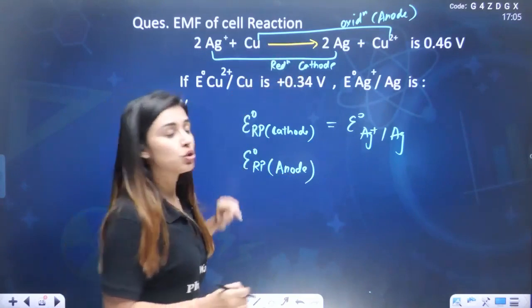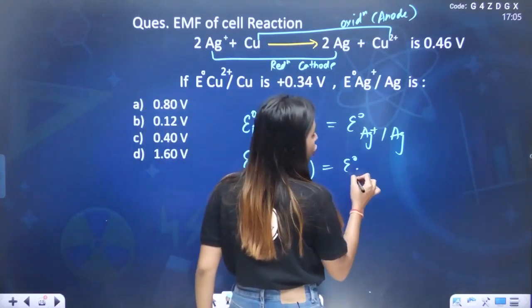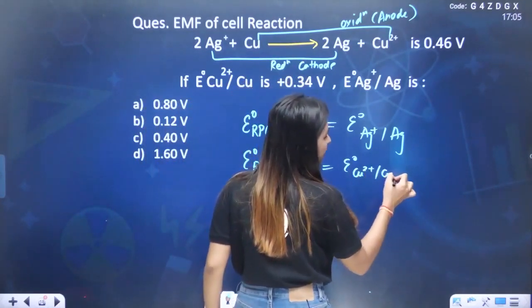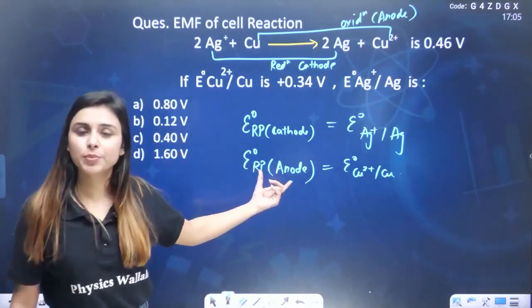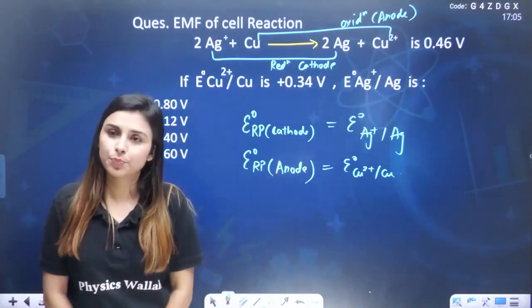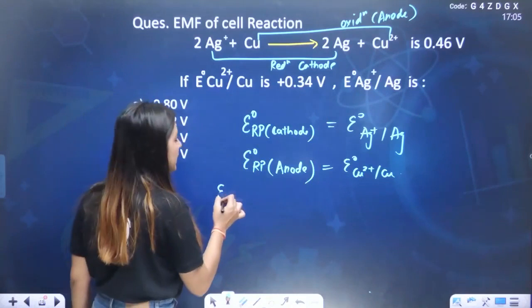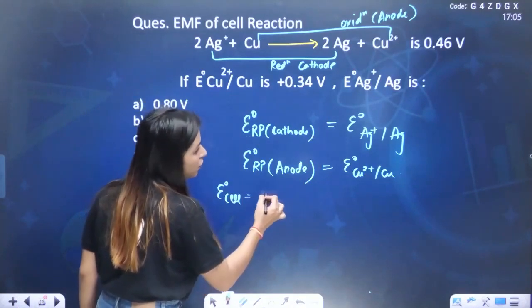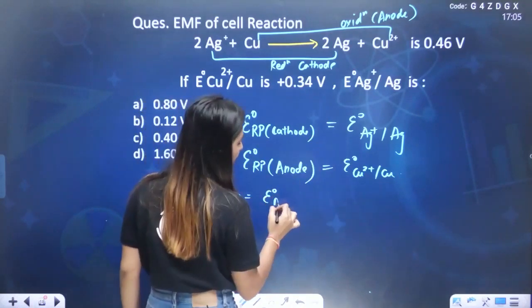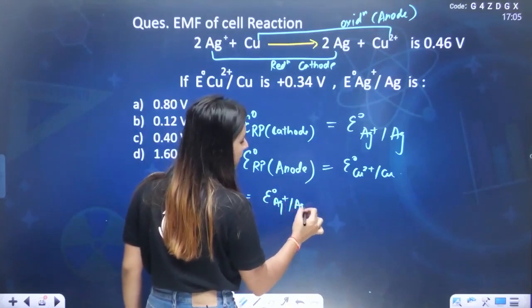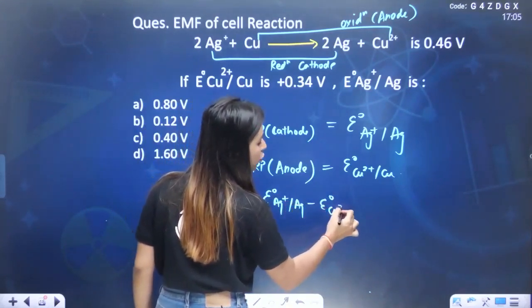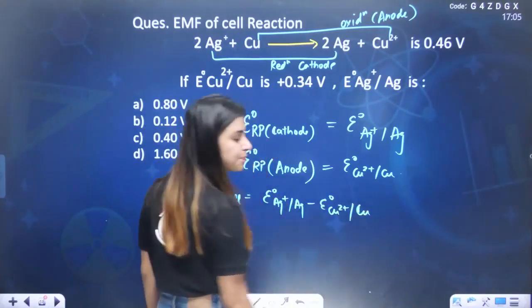The copper part. So this time it is E0 of Cu 2 plus to Cu, right? This will be your reduction potential for the anode. I also know that E0 of cell is equal to E0 of cathode, which is Ag plus to Ag, minus E0 of anode, Cu 2 plus to Cu.